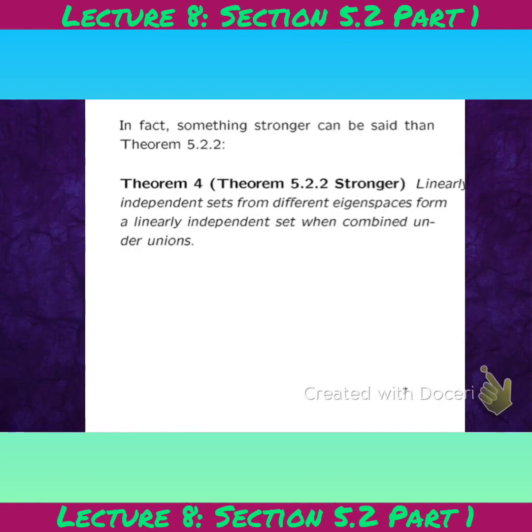Right, so that brings us to Theorem 4. That's just a combination of everything we've done up until now, Theorem 1 up until 3. So this says that linearly independent sets from different eigenspaces form a linearly independent set when combined under unions.